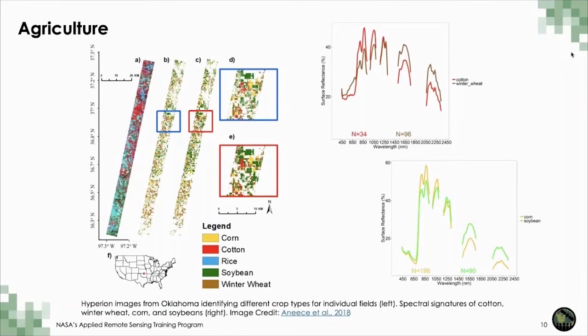And these could be from NASA's Surface Biology and Geology mission and contributions in advancing the building of a novel, first-of-its-kind global spectral library of agricultural crops. So this was a really important research activity.